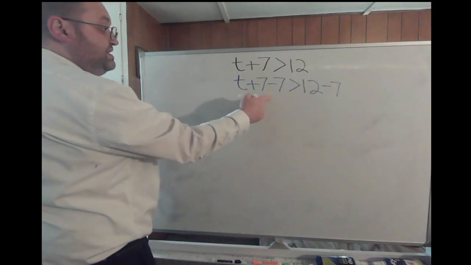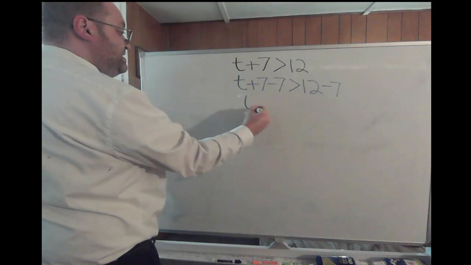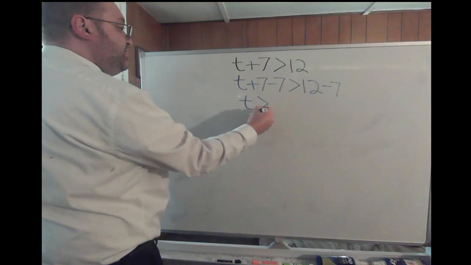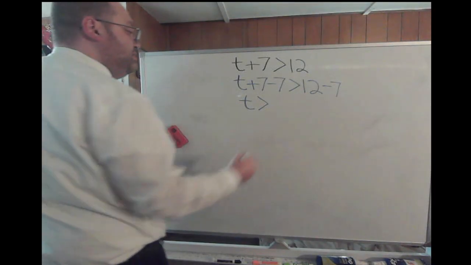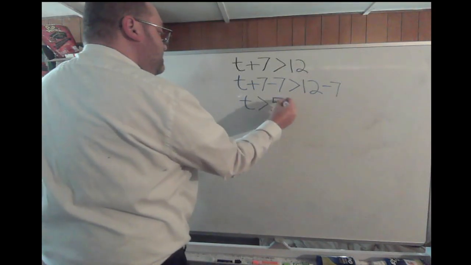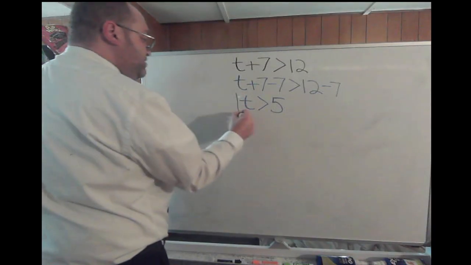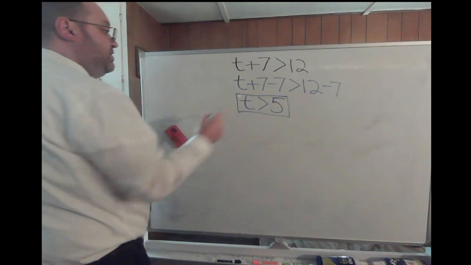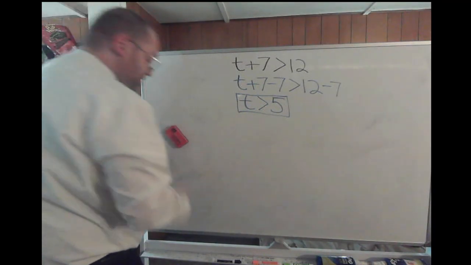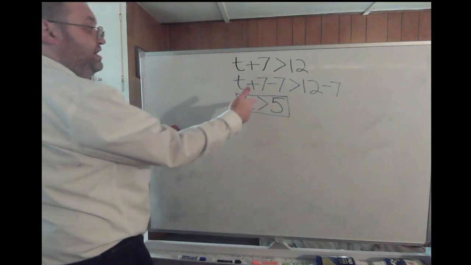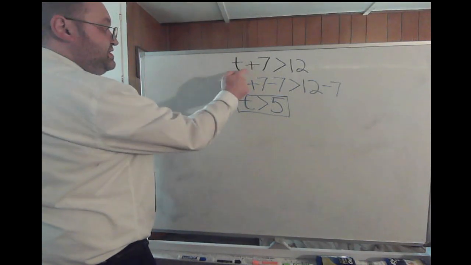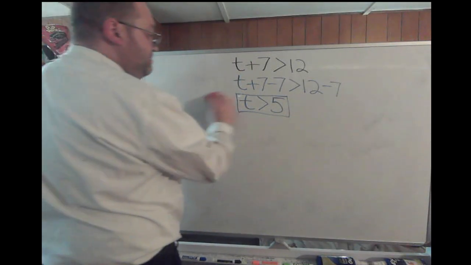So on the left side, 7 minus 7 is 0. You just got t by itself. T is greater than whatever 12 minus 7 is. Well, that'd be 5. So in this case, you would get t is greater than 5 for your answer. And you stick in any value greater than 5 into this inequality, you'll get a true statement.